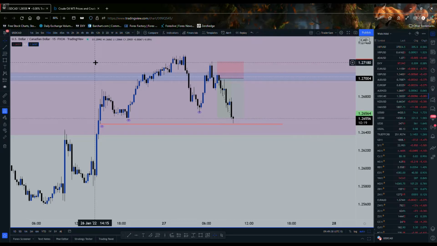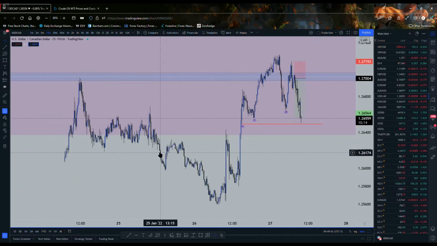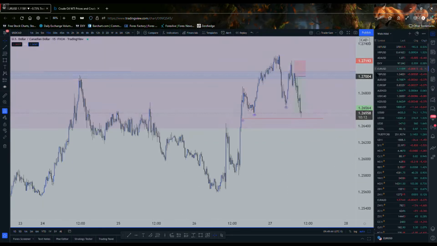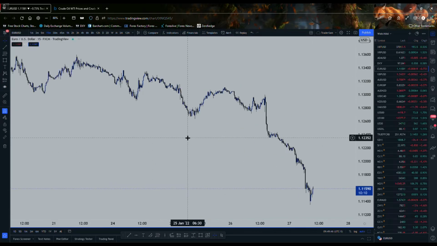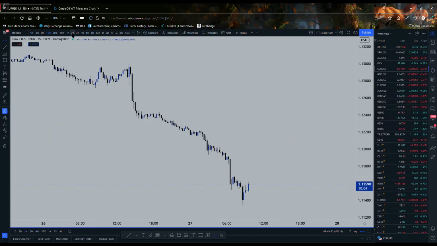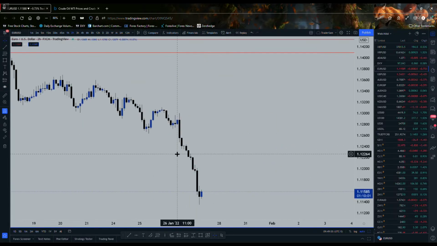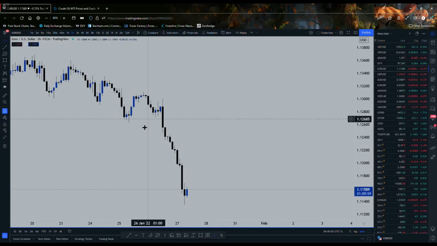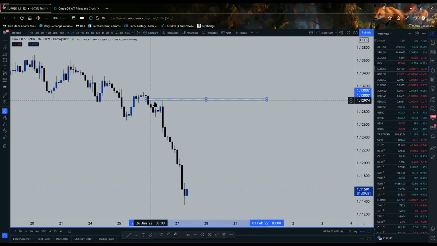But this is what I'm looking at. Euro, I have no way of trading this. If we look at what happened at FOMC, fair value gap right here, exactly at the hour of FOMC.